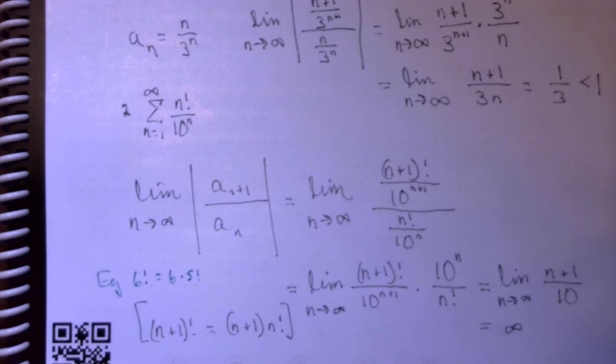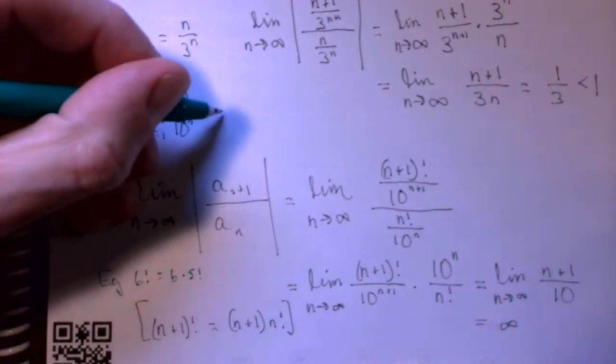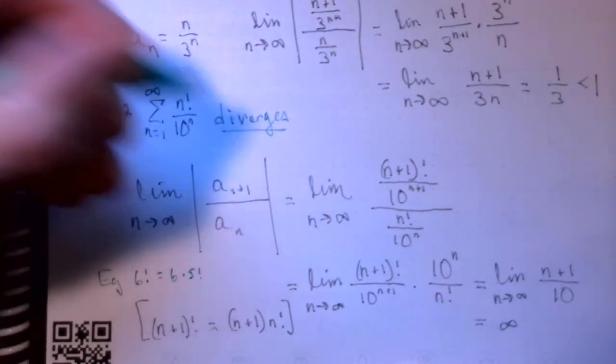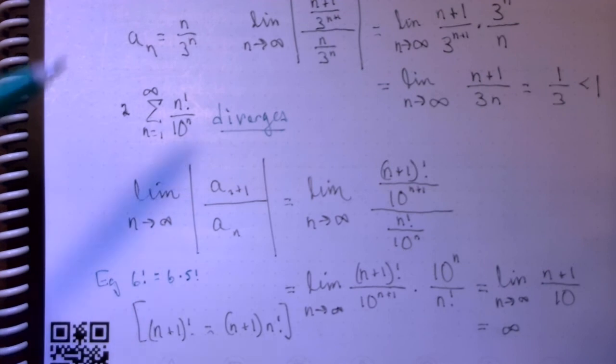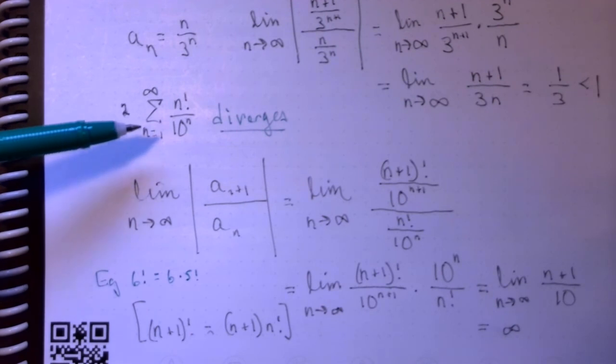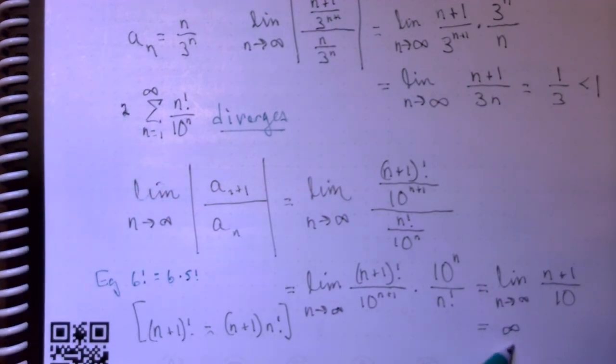So the conclusion from D'Alembert's ratio test is that this series diverges. In other words, the more terms I add, the bigger this sum is going to get. And the fact that this ratio is larger than 1 is what tells me that.